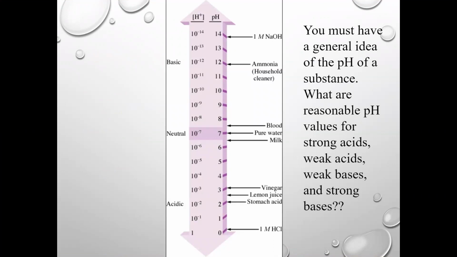So just showing you our scale: hydrochloric acid, lemon juice, stomach acid. Anybody like to eat lemons? I don't know, but that has a pretty low number, and it just puts it in perspective. Sodium hydroxide and ammonia get up there a little bit higher.